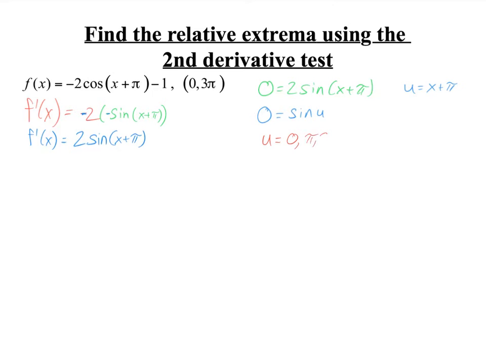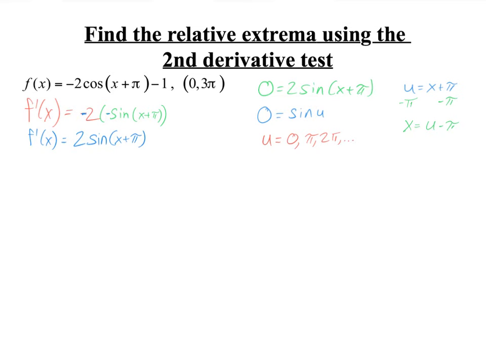Pi, 2 pi, dot, dot, dot. Correct? But that's u. So can I convert this over here to x? Can I minus the pi over? So what this is saying, isn't x going to be u minus pi? So we're going to take away pi from every u value I have so far.